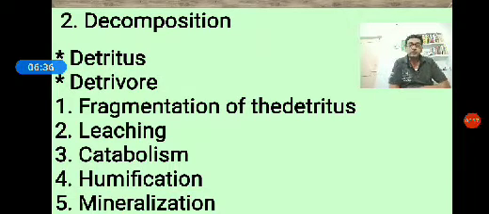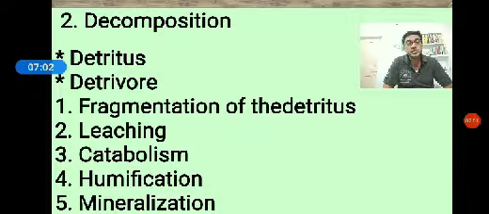There are five steps: one is fragmentation of the detritus, second is leaching, third is catabolism, fourth is humification, and fifth is mineralization. These are the five steps in which the decomposition process takes place.